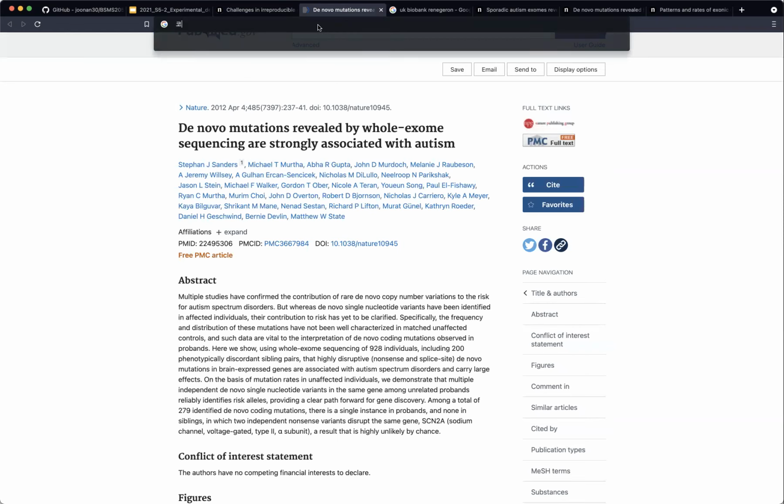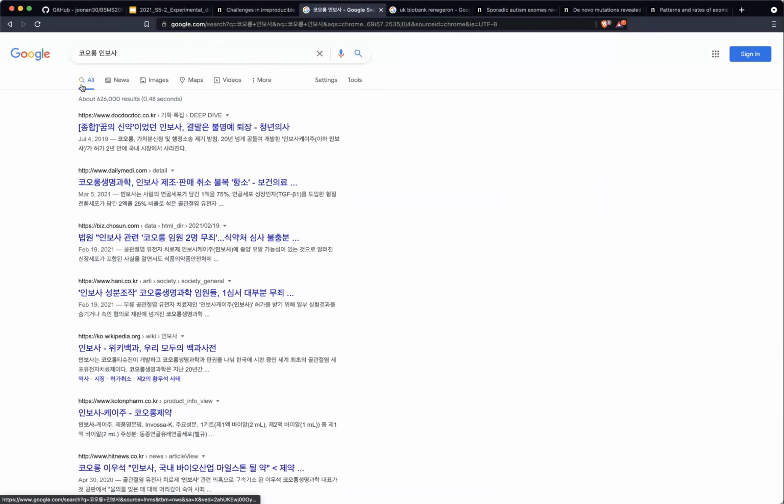So one of the things we experienced in our society was one of the drugs not being reproduced in other experiments, and this was done by a large company in Korea, about muscular disease related drug development.